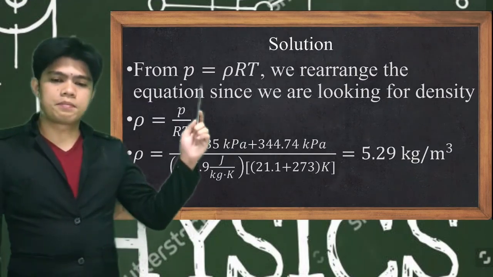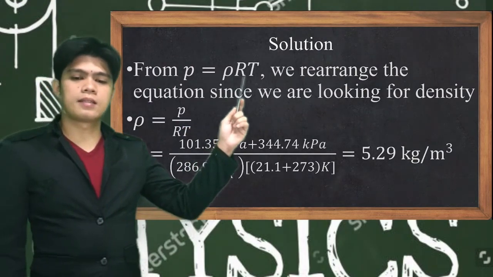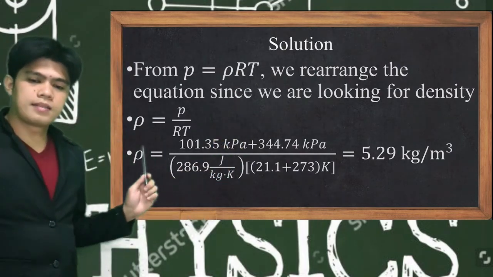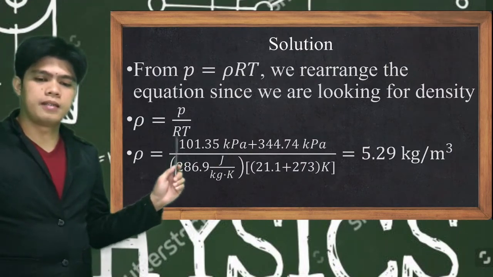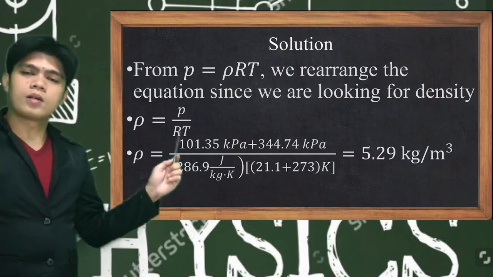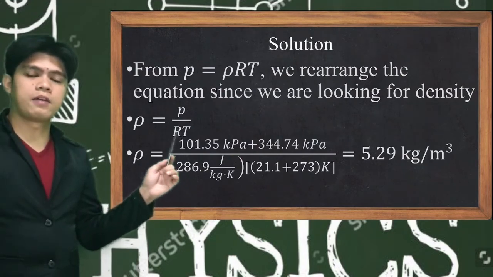From pressure is equal to density times the specific gas constant times temperature, we can rearrange this to have density is equal to pressure over RT. So we just substitute our given values. Our pressure should be absolute pressure, so we need to add our gauge pressure plus our atmospheric pressure.